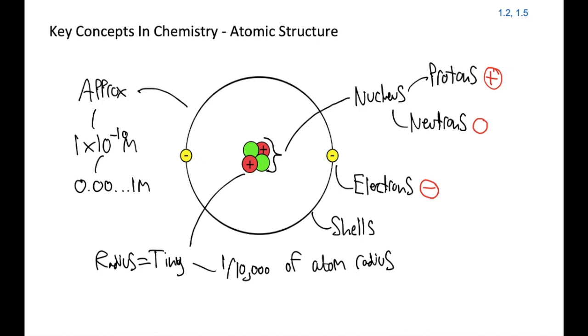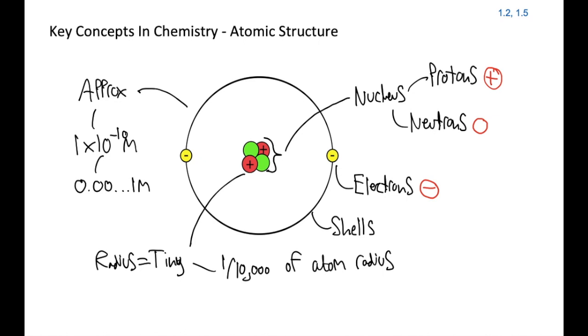As a result, most of the atom is actually empty space, and I think a more realistic way to think about the size of the nucleus compared to the overall atom's size is to imagine a marble placed on a kickoff spot in a football stadium, with the marble representing the nucleus and the stands at the top of the stadium representing the electron shells.